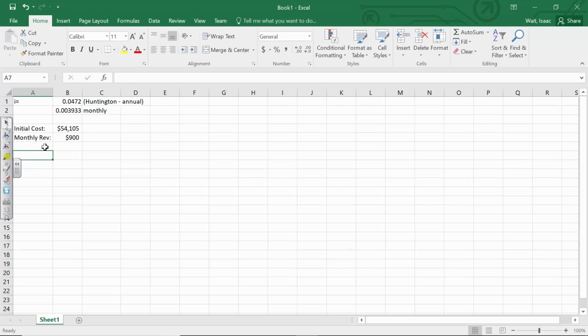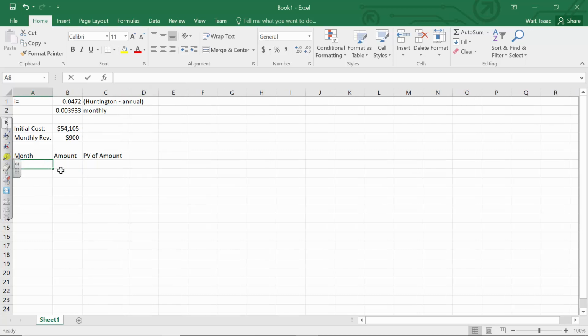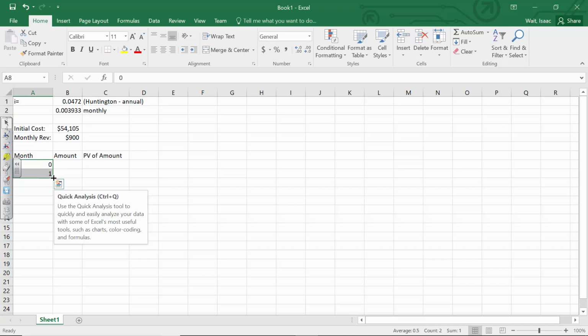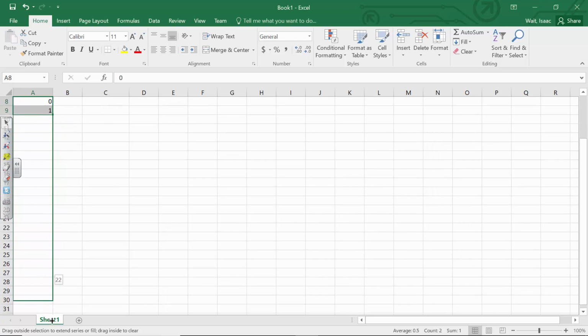All right, so now let's have month, amount, and then the present value of the amount. It's the same thing we've done in the past where we have 0 through 66, and so I can drag this down. It's detecting the pattern is 66 months.